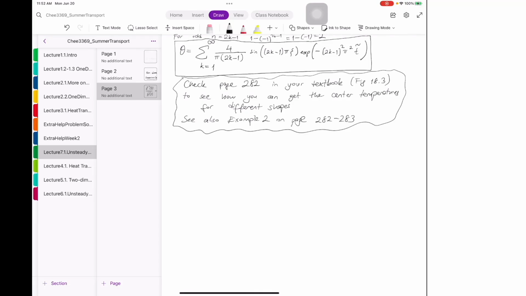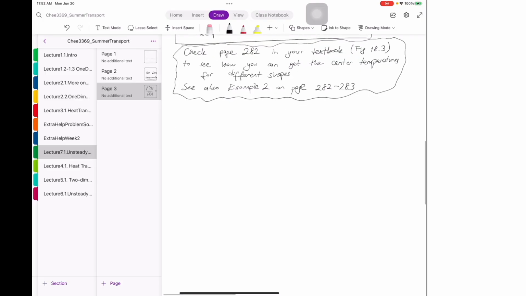Okay. So this is where what we have discussed so far relates to the textbook pages. And yeah, you can calculate the center temperature, for example, for this case as well.